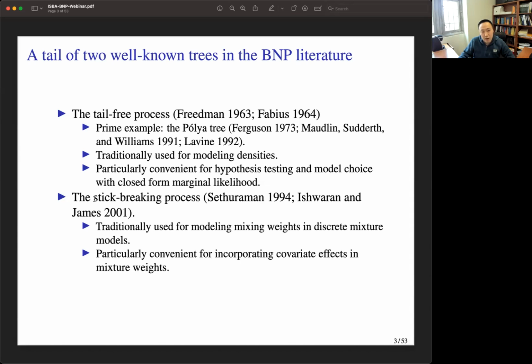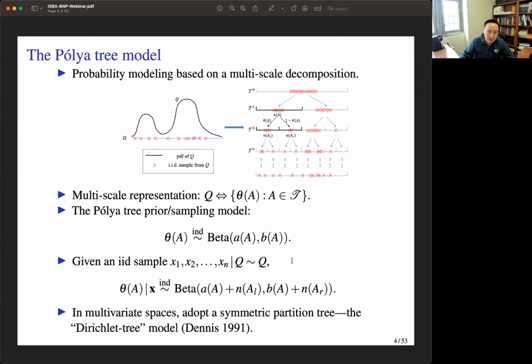In particular, among the various tools for mixture models, stick-breaking is often used when there's a need for incorporating covariate effects, because by constructing the generative model of mixture weights using stick breaks, you can very easily incorporate dependence on covariates by modeling the binary problem of breaking a stick under the traditional MacEachern framework for dependent mixture models, dependent discrete random measures.